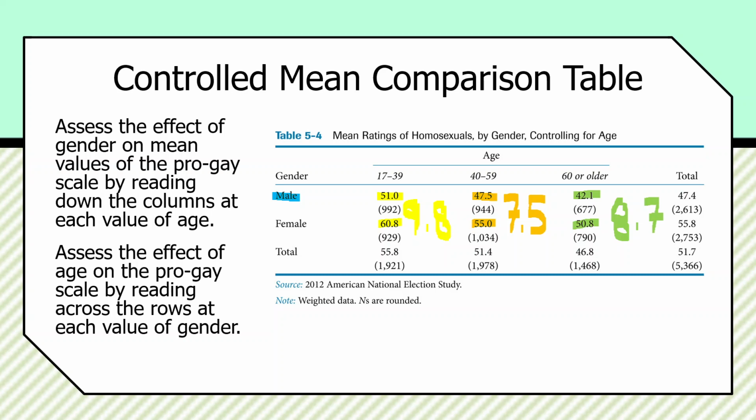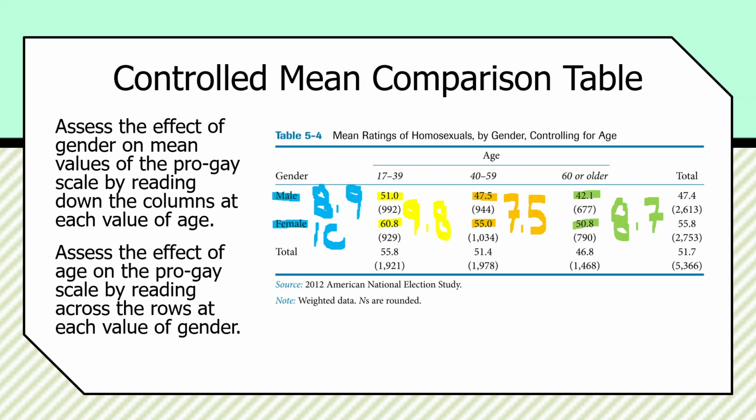Similarly, if we compare the effect of age among men, we can see that the thermometer drops from 51 to 42.1. So age is doing some work here in explaining the dependent variable. That drop is almost 9 points, 8.9 points. And we find a 10-point drop among women. So you might say the effect of age is about 10.